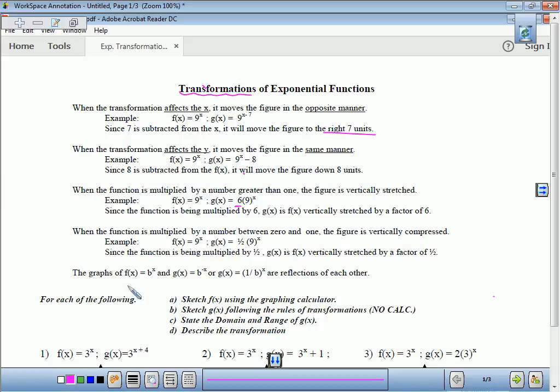If we have a negative out in front, like that, it causes a reflection over the x-axis. And these cause a reflection over the y-axis. So add that in, guys, since I left that off.